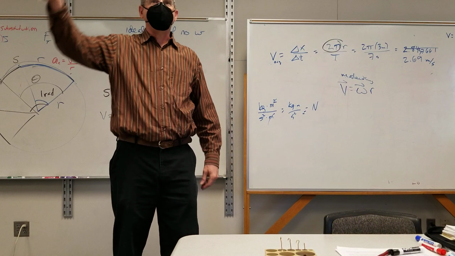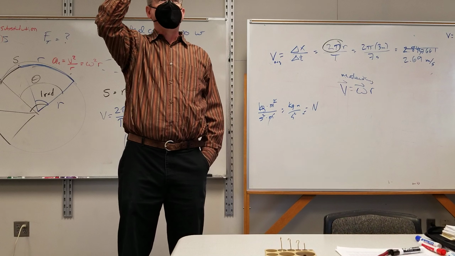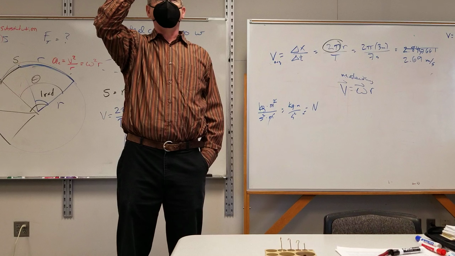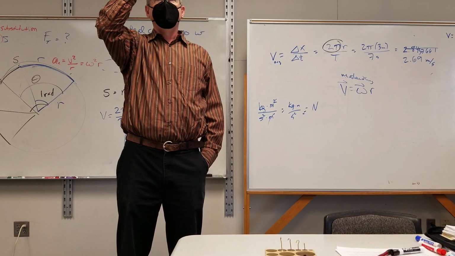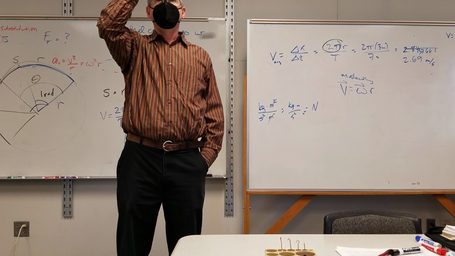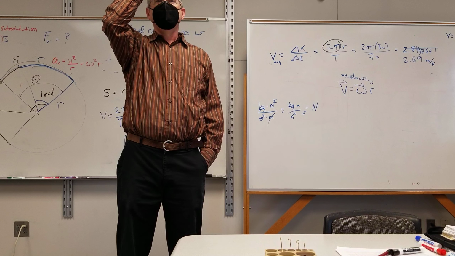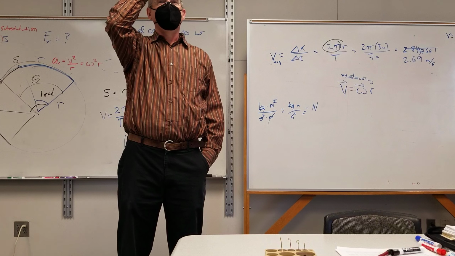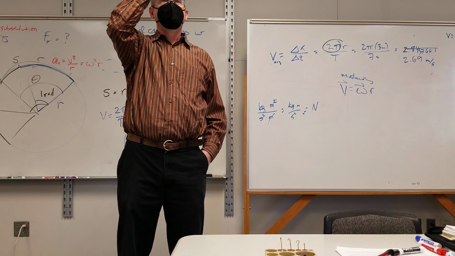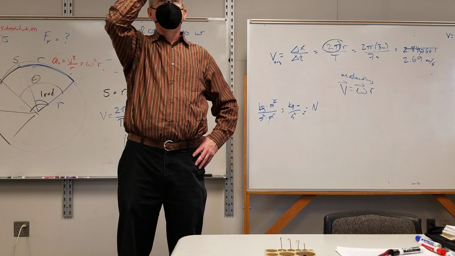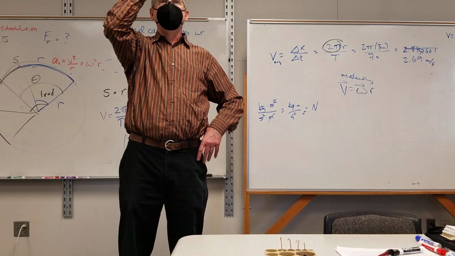So, if I spin this over my head, what is the direction of the angular velocity? Down. I was going to say up. If you put your thumb as the axis and you curl your fingers like this, it is either up or down.